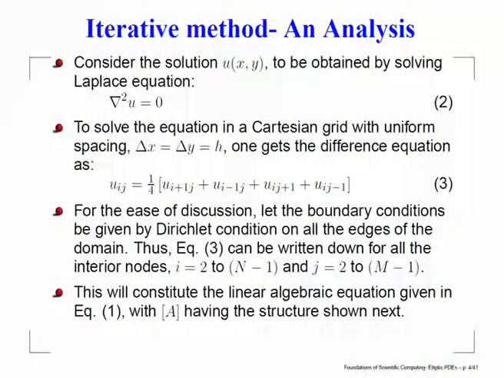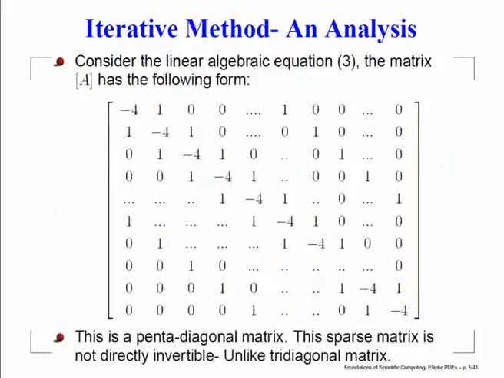Now, let us also make our life easier by considering boundary conditions given as Dirichlet conditions. Then we will have to be solving problems for i equal to 2 to n minus 1 and j equal to 2 to m minus 1. And now, for this problem, as we have written in 3, we get this structure of the matrix.